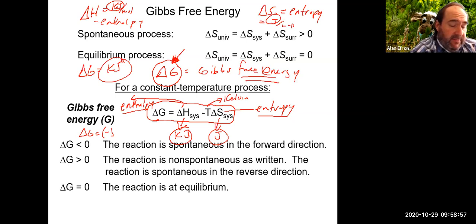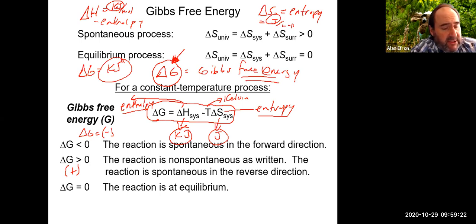If the delta G is positive, that means that the reaction is non-spontaneous. And it's non-spontaneous as it is written. Although if we did reverse the reaction, it would be spontaneous going the opposite direction. As you probably remember from delta H, if you take a reaction and you reverse it, you basically change the sign.